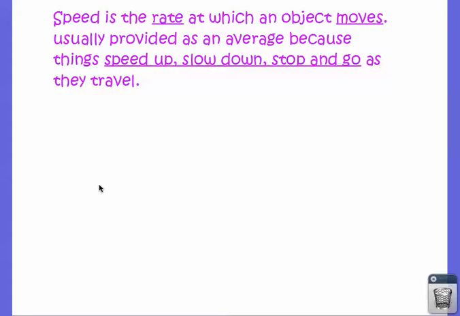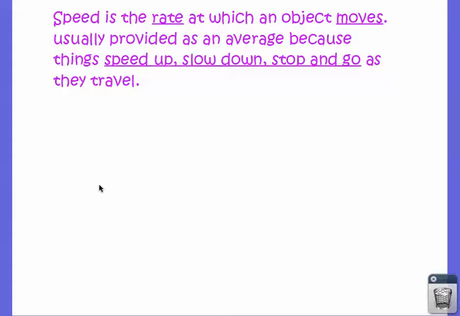Then I'm going to merge onto the highway, so I'm going to speed up a little bit, and then there's a traffic jam, so I've got to slow back down again. So your speed is constantly changing, and there is such a thing as instantaneous speed, which is the speed at any given instant in time, but that's not really what we're going to be looking at this year.